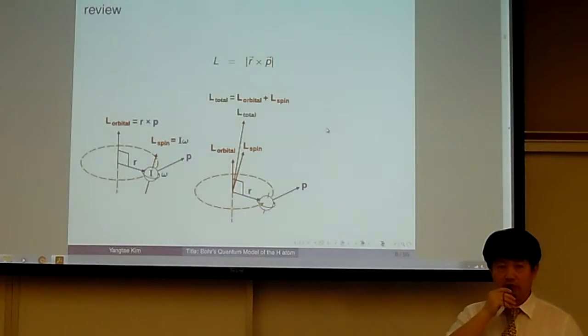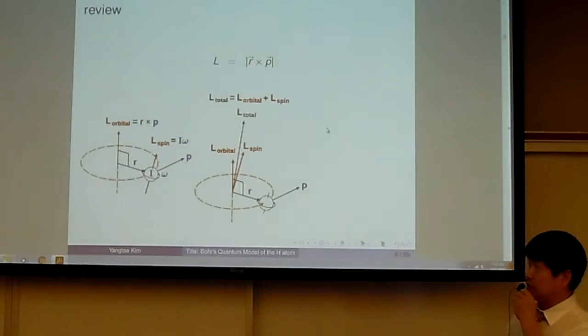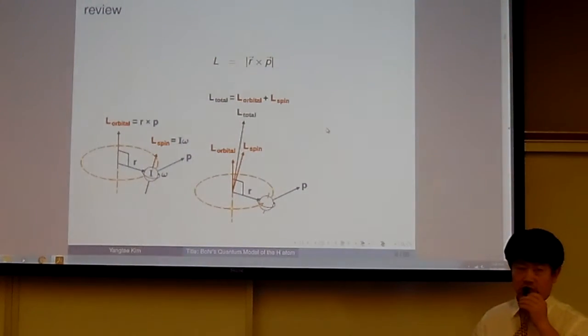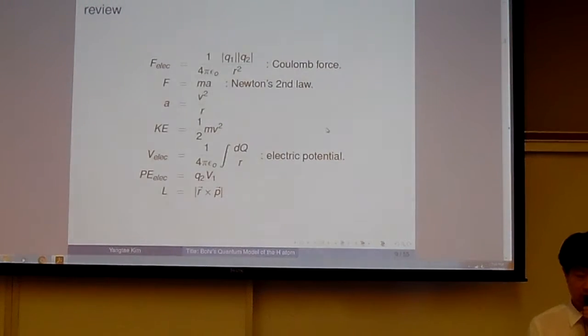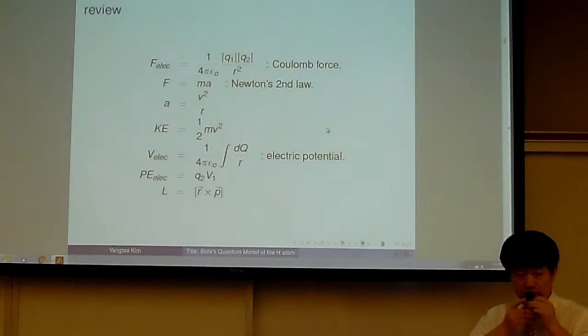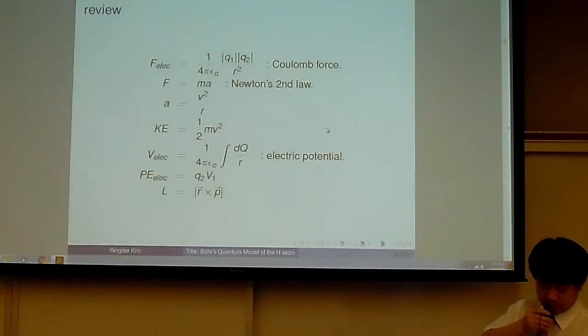And we learned the angular momentum is the cross product of distance and momentum, R cross P. To summarize, we reviewed electric force, Newton's second law, acceleration, kinetic energy, electric potential, electric potential energy, and angular momentum.